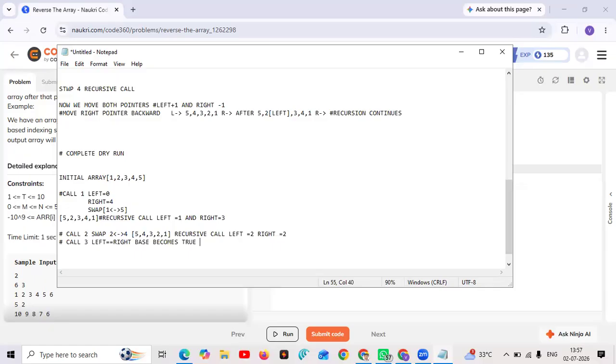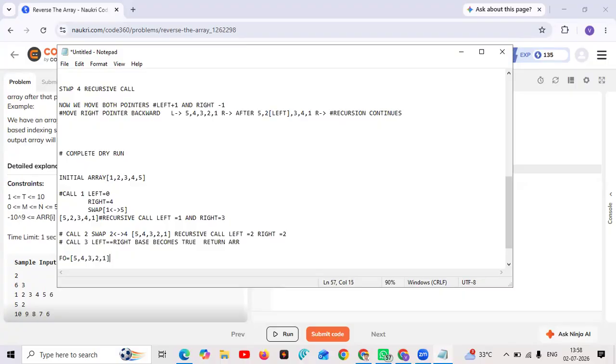So for preventing that, we are justifying our base case. Since the base case becomes true, we will return the array as usual, with no ifs and no buts. So what will be the final output that people can guess? That is 5, 4, 3, 2, 1.